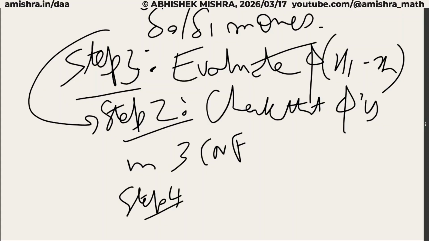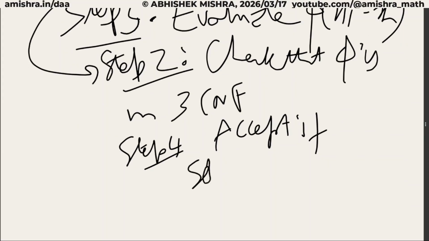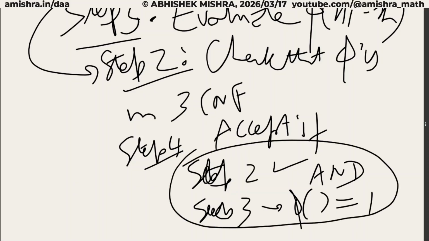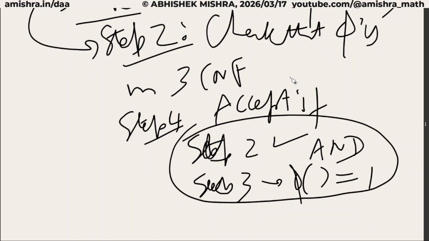Step 4, accept if step 2 is verified correctly, that the formula is in 3CNF, and step 3, phi evaluates to 1. So if both these conditions are satisfied, meaning the formula is in 3CNF form and our evaluation is 1, only then we accept.